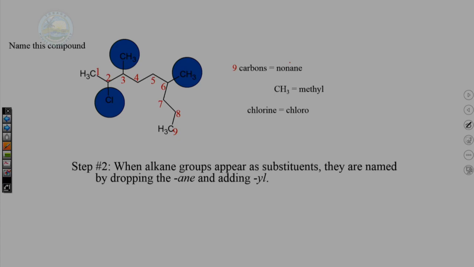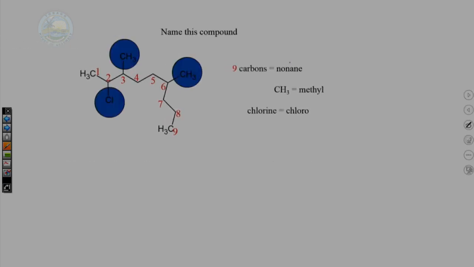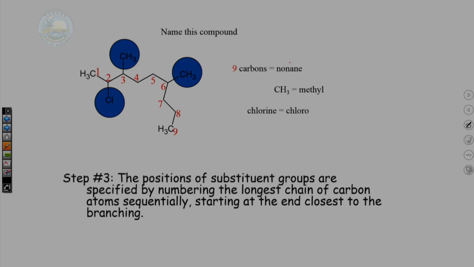So let's see if we can construct the name now. I believe we can. The last name, the name comes first. The positions of the substituent groups are specified by numbers, so the numbers tell us the position. We also have to write these groups in alphabetical order, as the last lesson would have said.